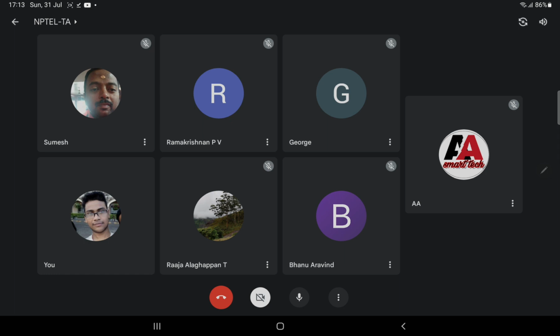You are aware of this figure, right? Are you aware of this figure?